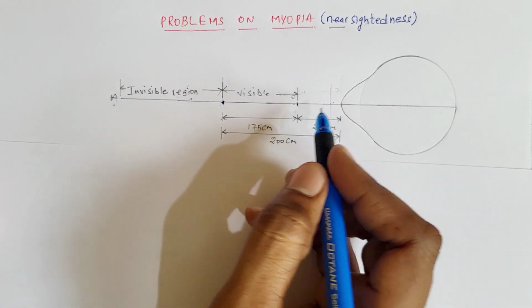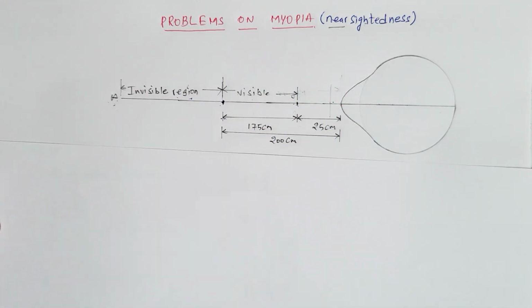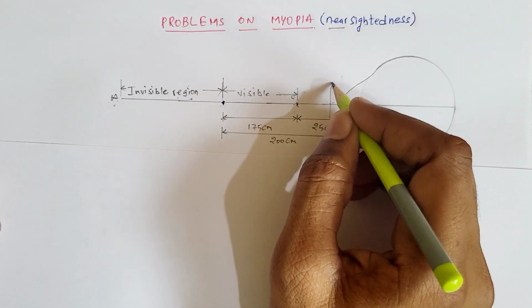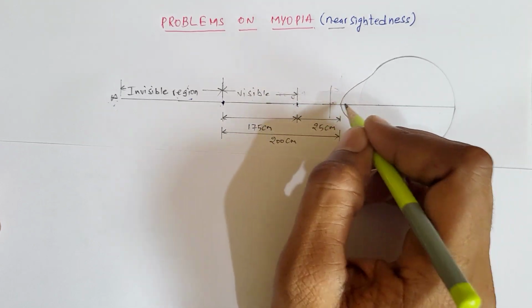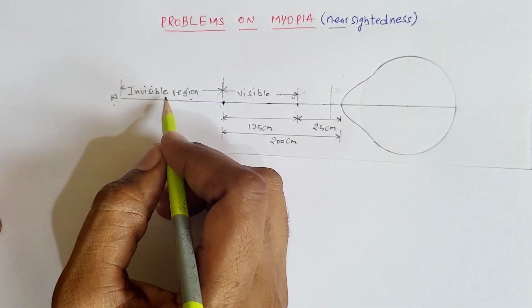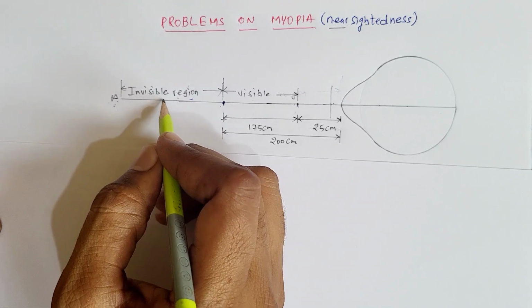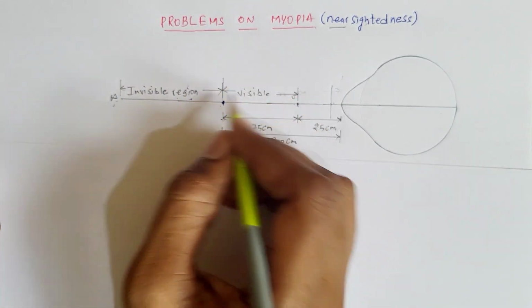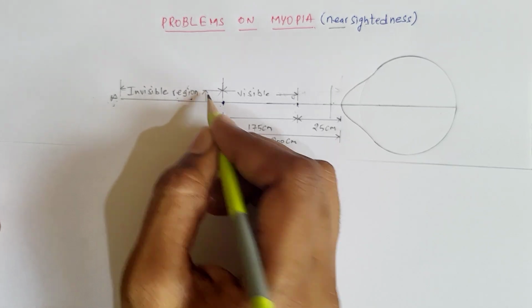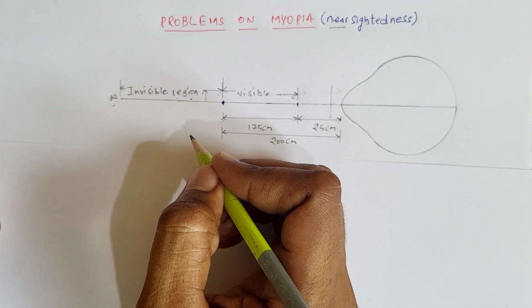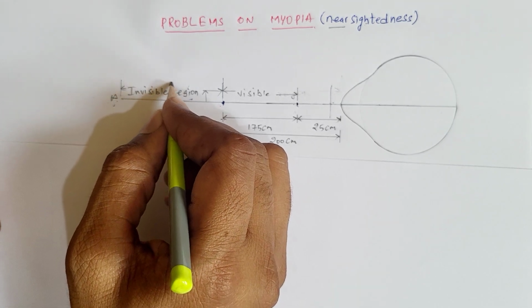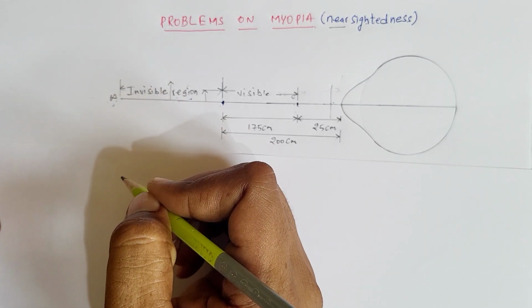So now we have to give him one lens. What is the work of this lens? This lens should support him to see the objects which are placed in the invisible region. If the lens supports him to see objects placed only until here, is it sufficient? No, not sufficient.